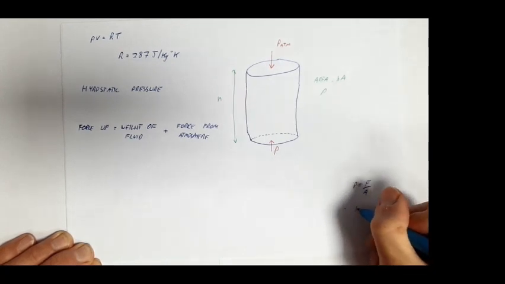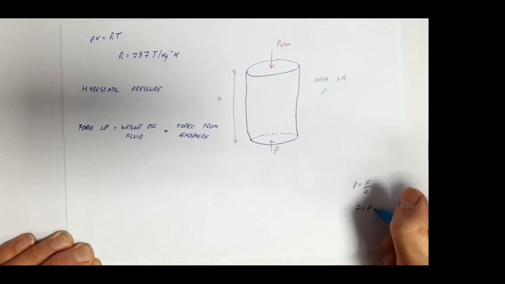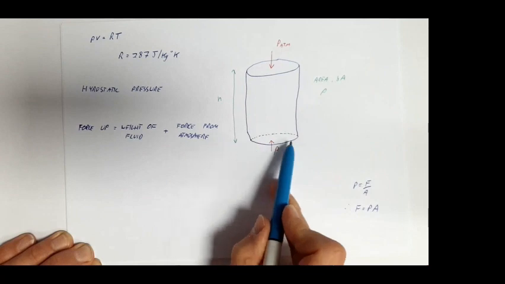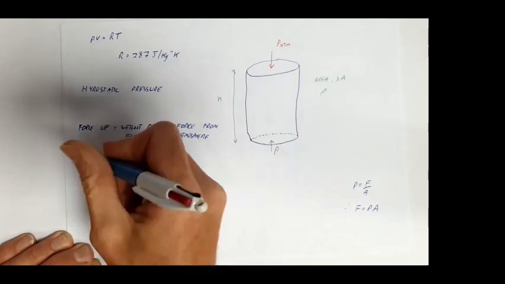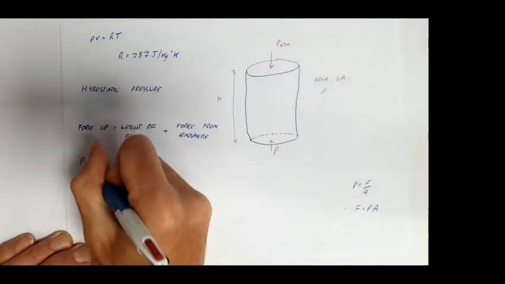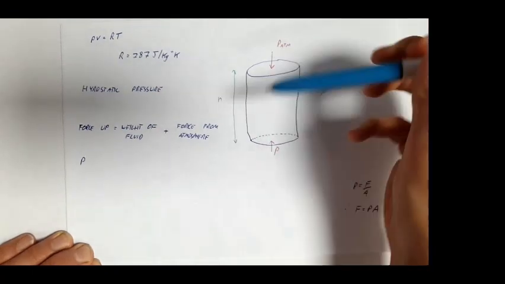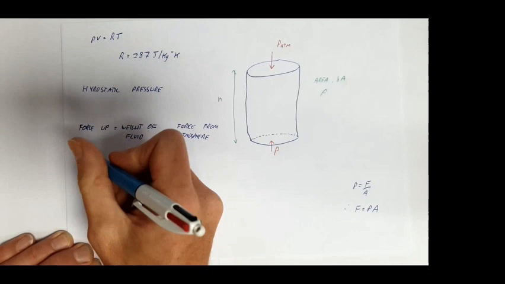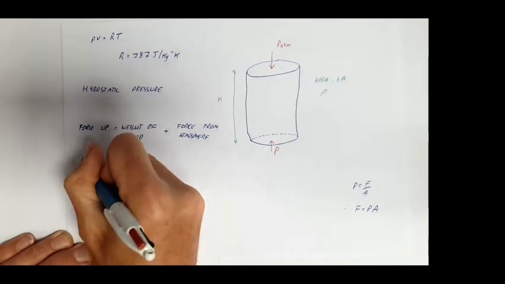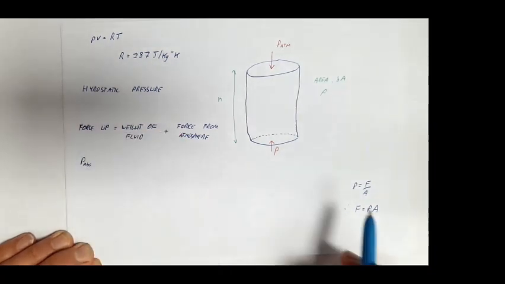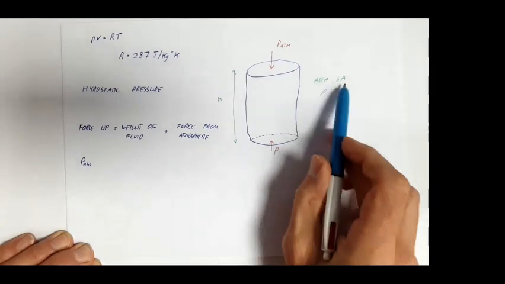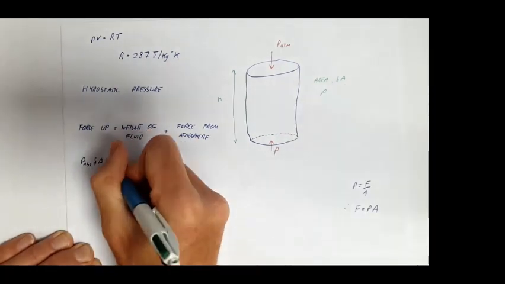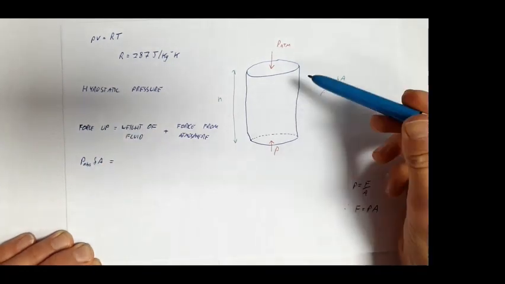So therefore, force equals pressure times by area. So if we're talking about the force up, it's going to be this pressure. That's going to be the absolute pressure because we've got the atmospheric pressure acting on there as well. So atmospheric pressure times by the area. The area is delta A. Delta A equals the weight of the fluid.